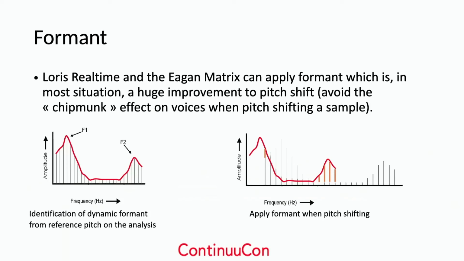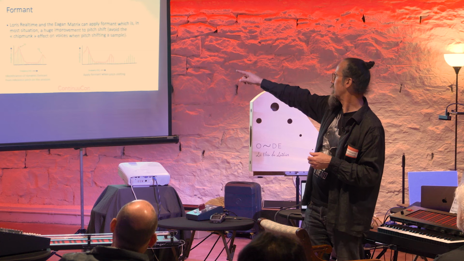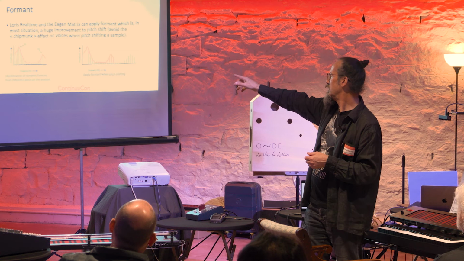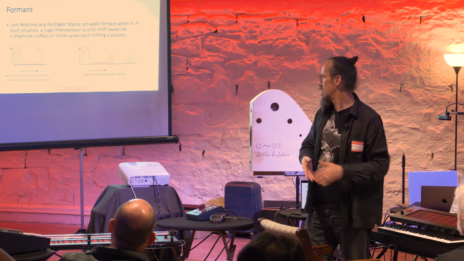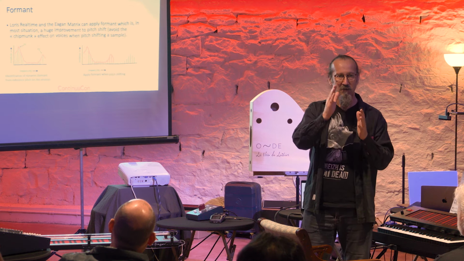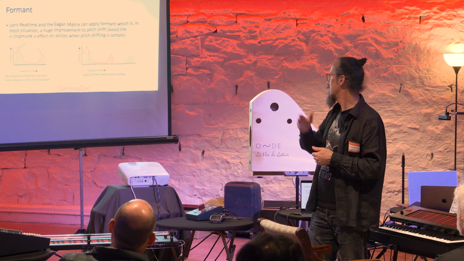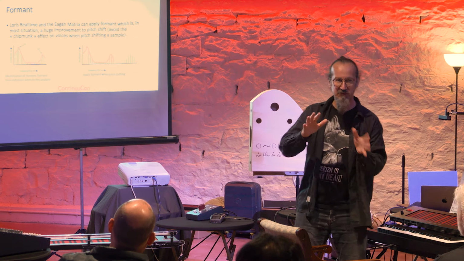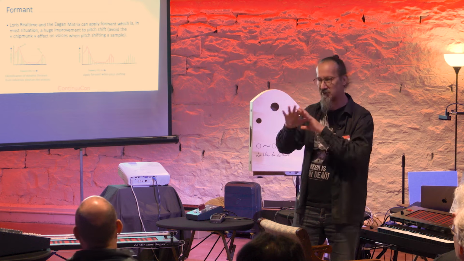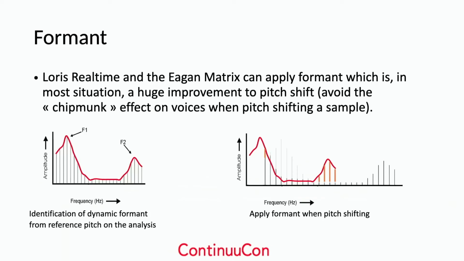So that's basically the formant is the shape you see on the left, and you will apply it to any pitch you will play on the continuum, so correcting the amplitude of each sine wave according to the formant. I'm going fast here because that's not the purpose, but that's just so you have the basics. And if you want more information, just raise hand and ask questions.